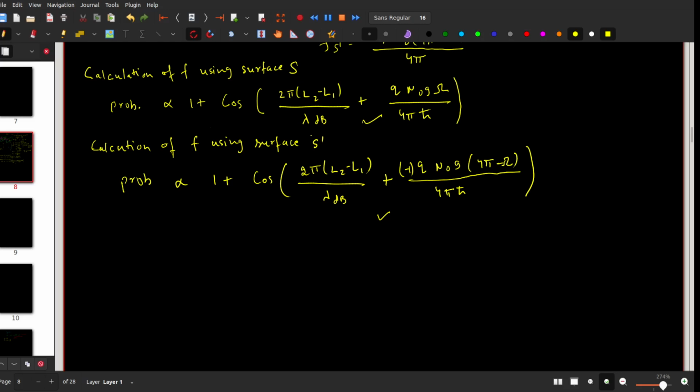So we get Q mu naught g omega divided by 4 pi h bar, minus, we already have a minus sign here, so this becomes plus Q mu naught g times 4 pi minus omega divided by 4 pi h bar.